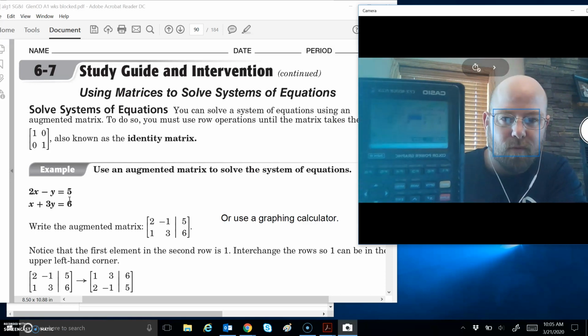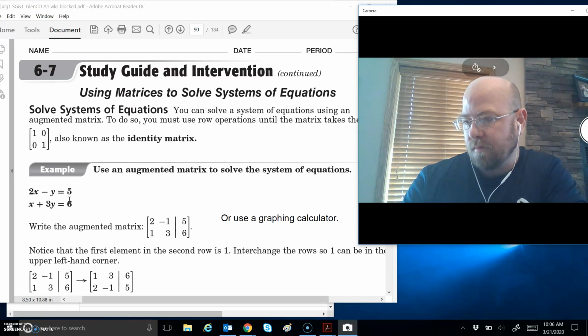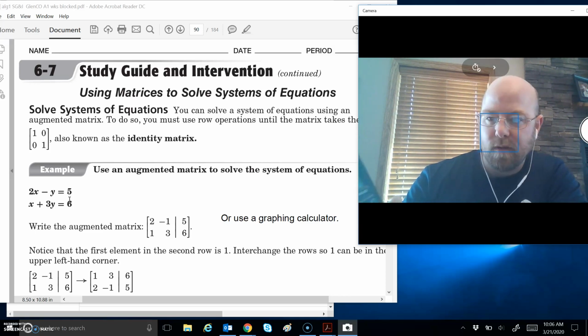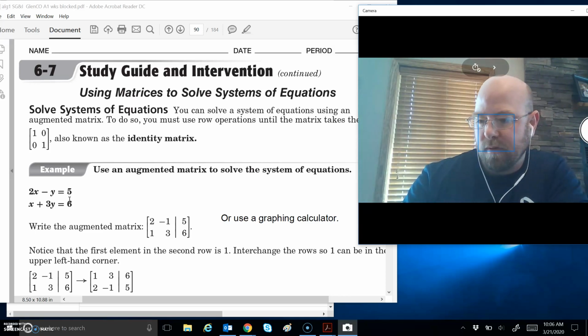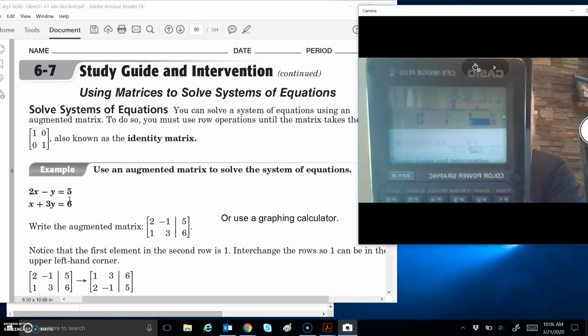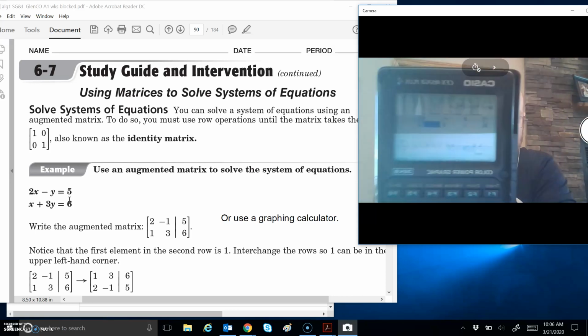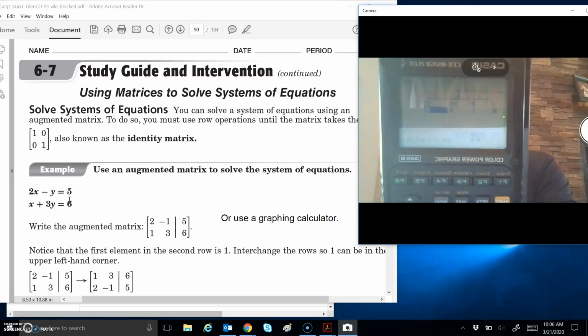And then for my y, I need a -1. So -1, execute, equals 5. For my first row, we should look like our example. Second row, there's a 1x and positive 3y, so 3 and 6. So here's what we should look like.